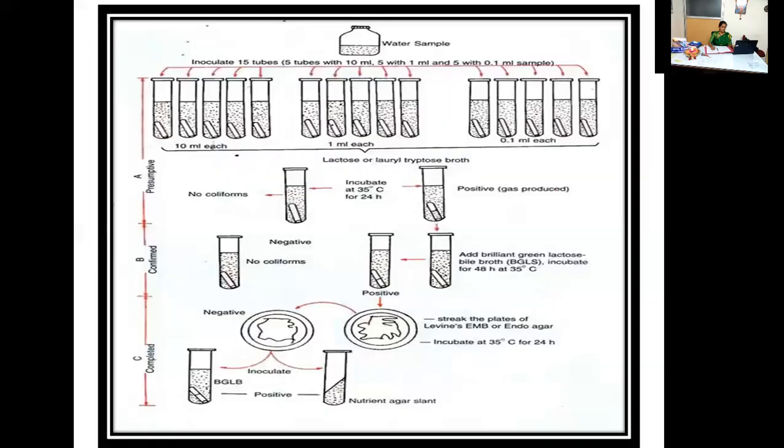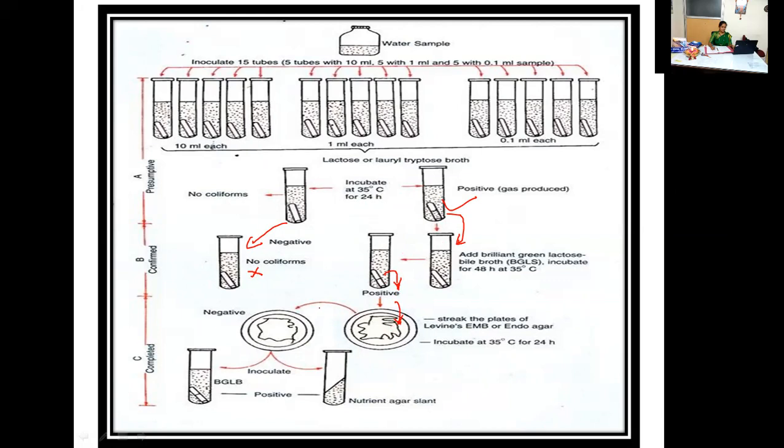So this is about the confirmatory test. What we have done in the confirmatory test: wherever we got the positive test tube, that positive test tube was taken. In the negative, there is no coliform, so we are not going to continue further. If we get a positive result, that positive test tube will be taken, and the positive sample is taken using an inoculation loop and inoculated into the EMB agar plate or endo agar plate.